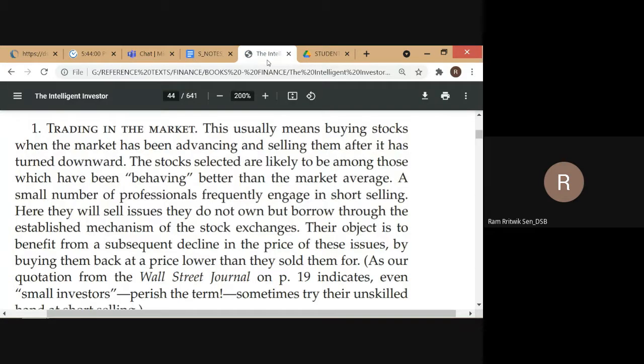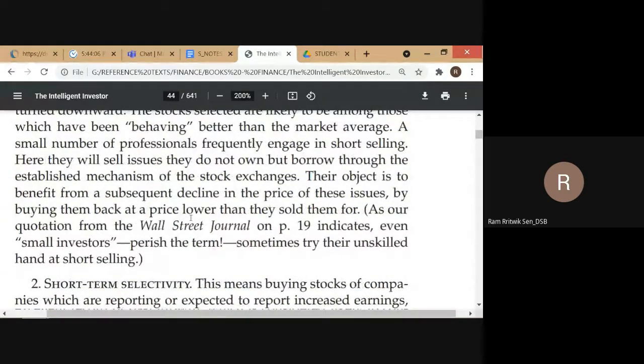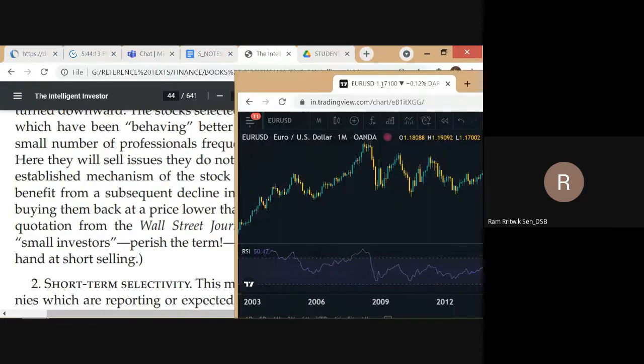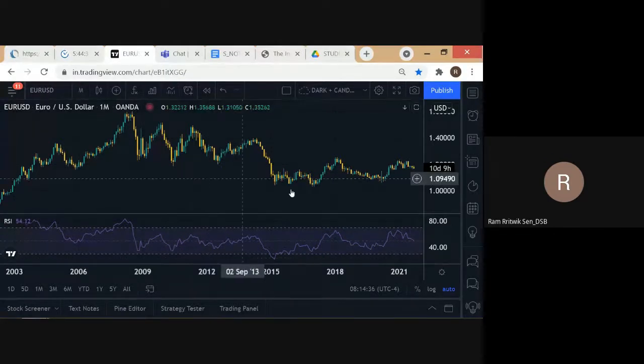So now, let's look at what else he's talking about. Yeah, so when you go short, obviously your goal is... oh, sorry, I'm so sorry. I talked about the entire discussion on RSI without bringing the chart into the picture. Nobody pointed out to me that I was not showing you the proper chart.